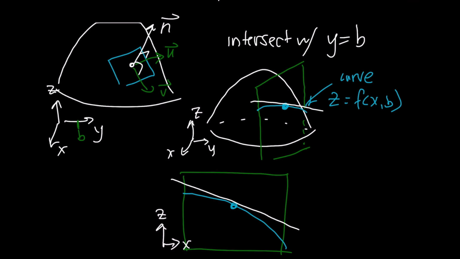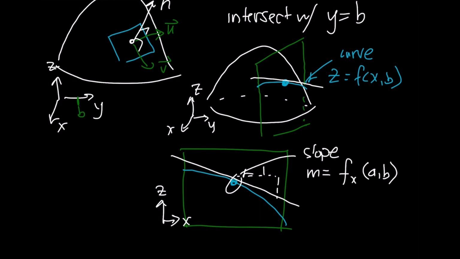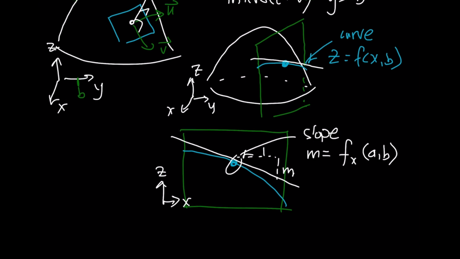The slope right at this point we talked about in a previous video when we introduced partial derivatives. So the slope of this tangent line is the partial derivative of the function with respect to x at the point a, b. If I were to go over 1 unit, then the height of this line would change by m. There's a vector that points in the direction of that line.